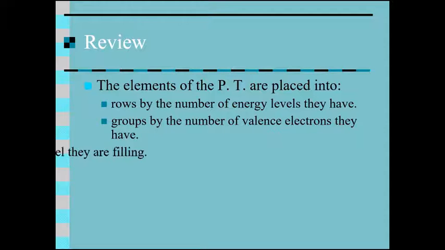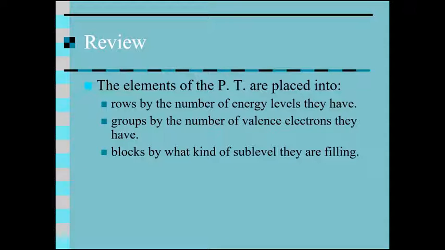Review. The elements of the periodic table are placed into rows by the number of energy levels they have, groups by the number of valence electrons they have, and blocks by what kind of sublevels they are. So in the periodic table there are two main things, periods and groups. Periods are defined by the number of energy levels and groups are defined by the number of valence electrons.